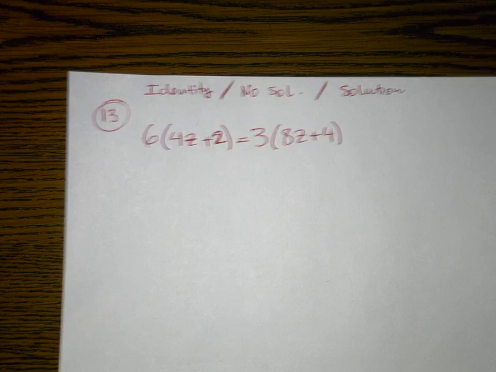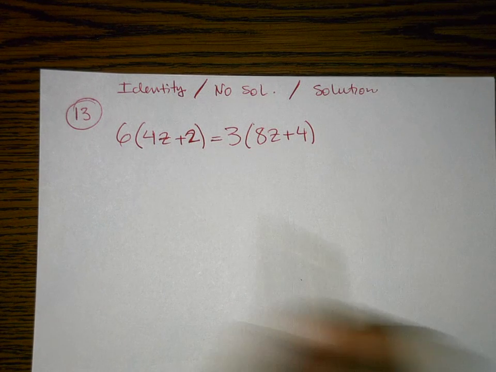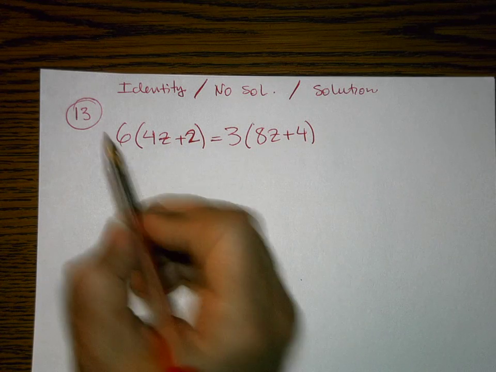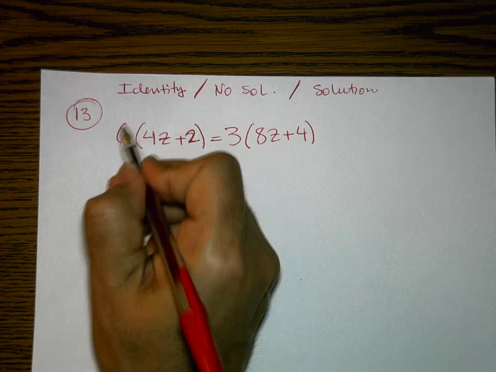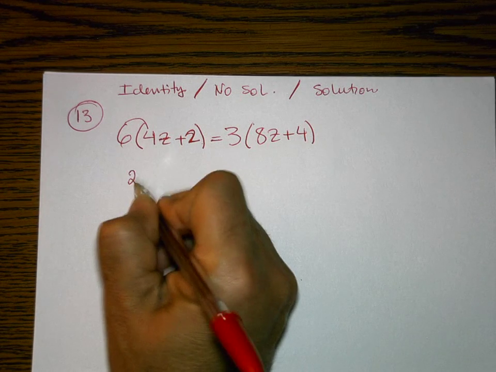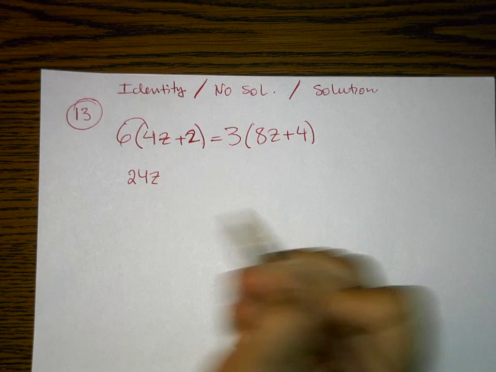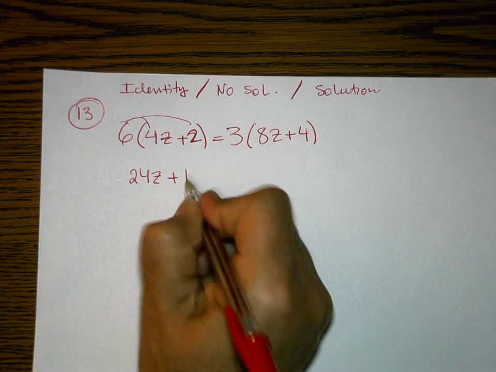Remember the 3 things we need to always check. First, distributive property. Do I need it? Yes, because I have a multiplier times a quantity. So 6 times 4, positive times positive, is 24z. And 6 times 2 is 12.